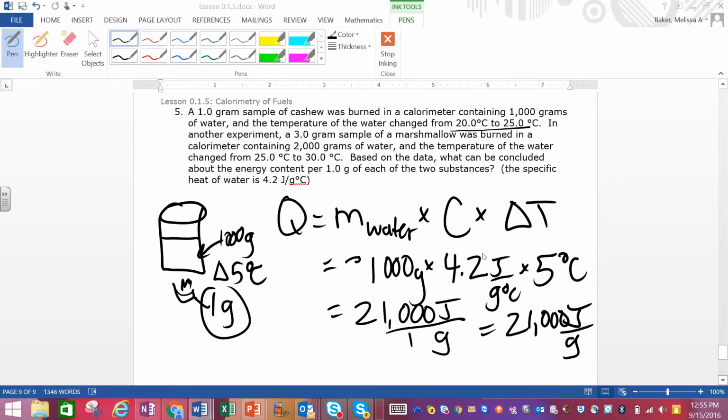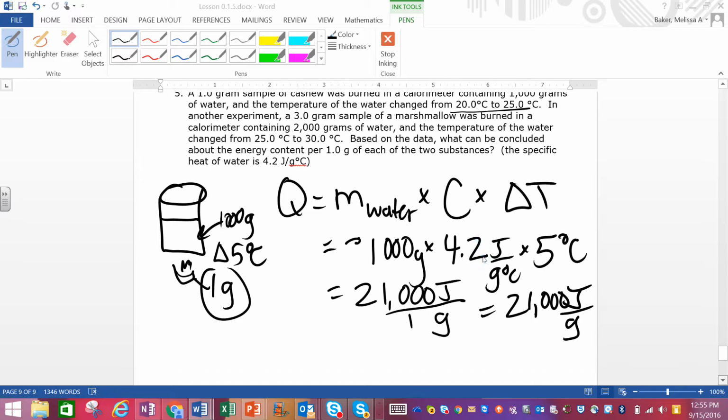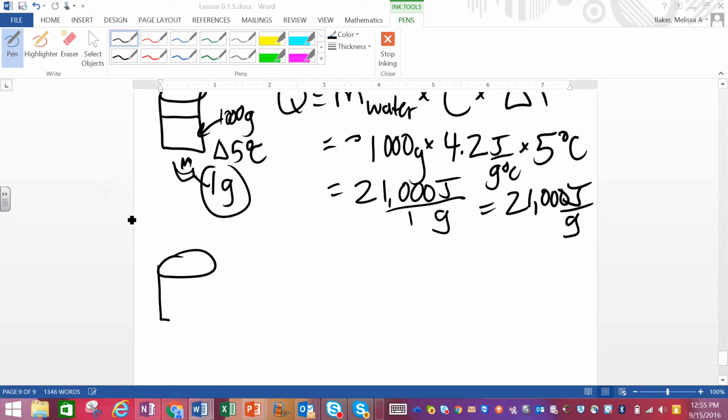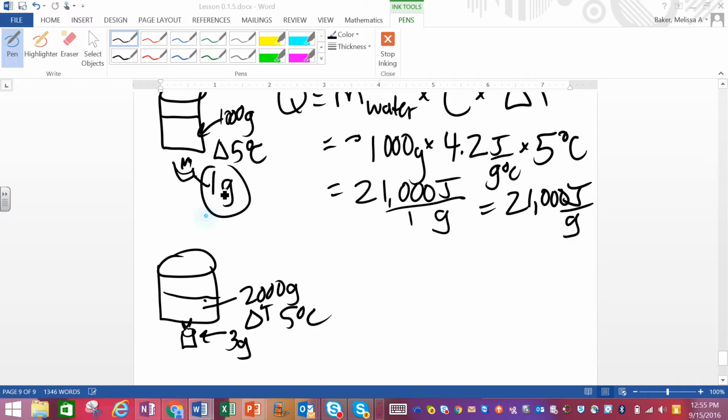Okay, how about the marshmallow? Well, this is interesting because it says that this time we're burning off 3 grams of my, I'm going to draw a mini marshmallow on fire. 3 grams burned off, and the water level is different. This time it's 2,000 grams of water, and still the temperature change is 5 degrees Celsius. Okay, so same equation here.